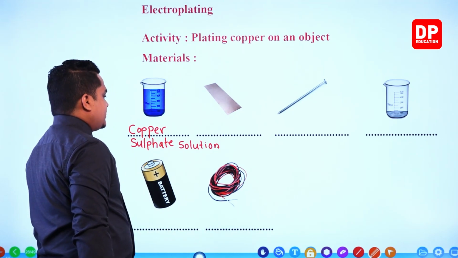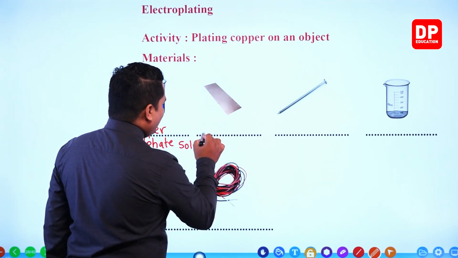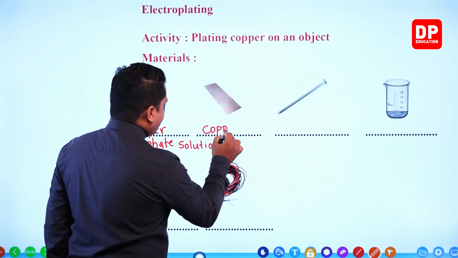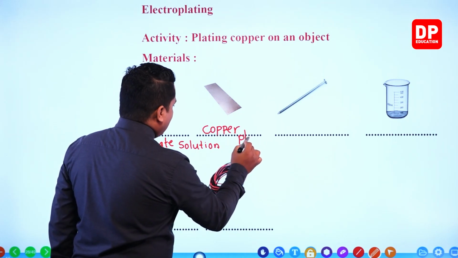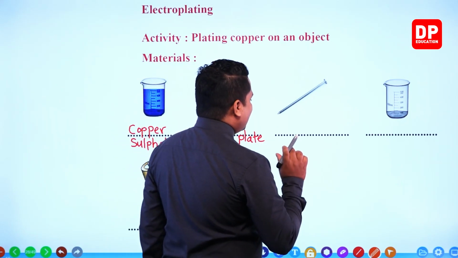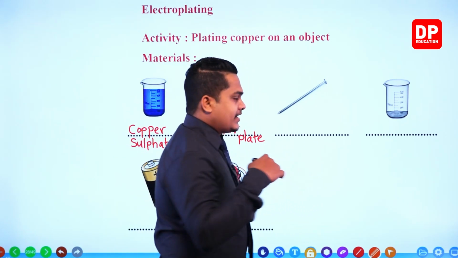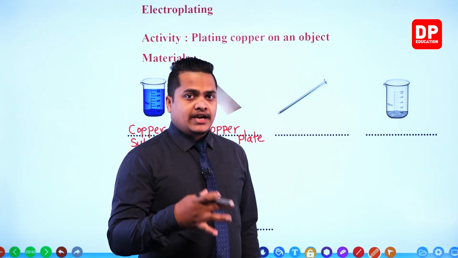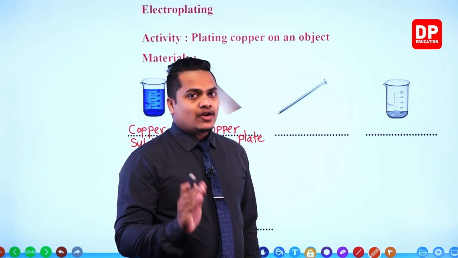Copper sulfate solution. Then this is a copper plate, my dear children. Then we'll be needing an object. It can be an iron nail or a spoon or any kind of different metallic object.